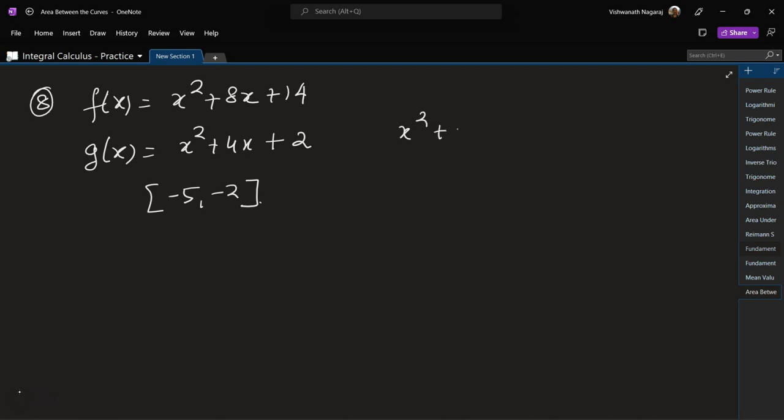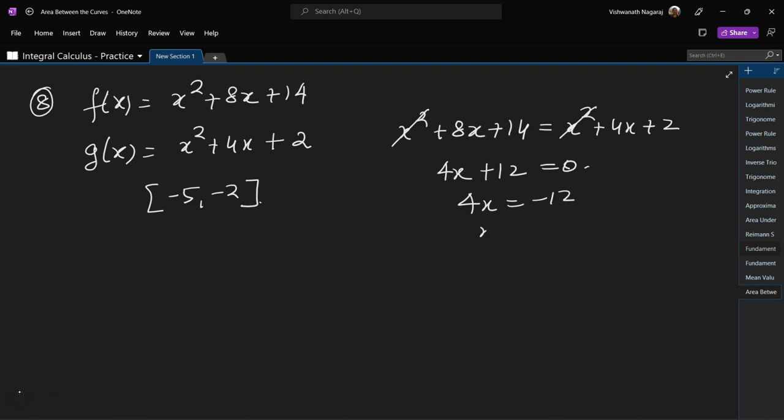So x square plus 8x plus 14 is equal to x square plus 4x plus 2. x square cancels. 8x minus 4x is 4x, plus 12 is equal to 0. So 4x equal to minus 12, x equal to minus 3. So this is the value of x for which intersection of these two curves happens.